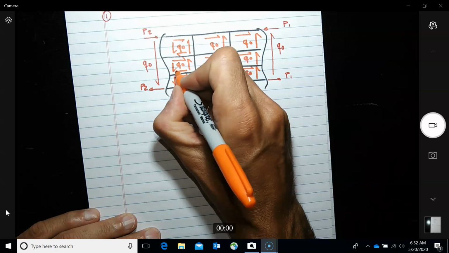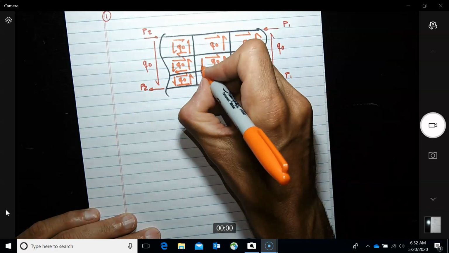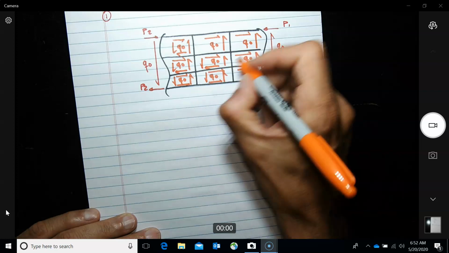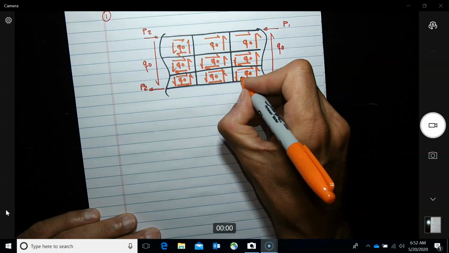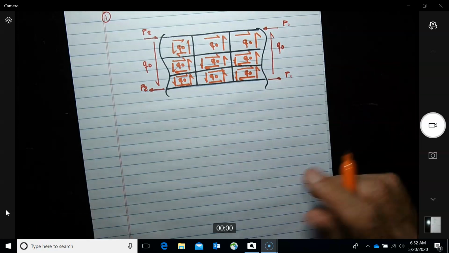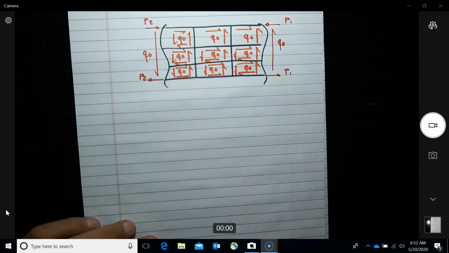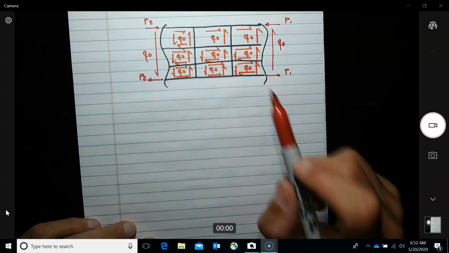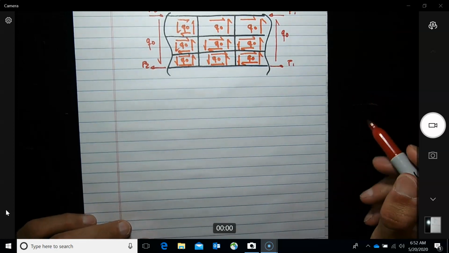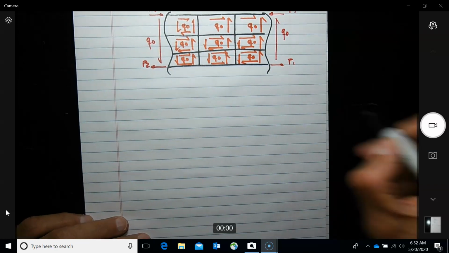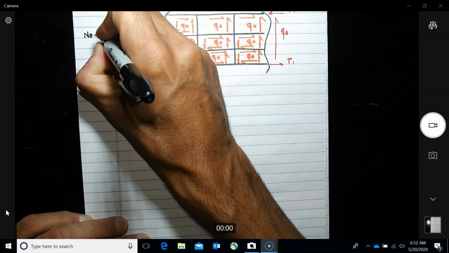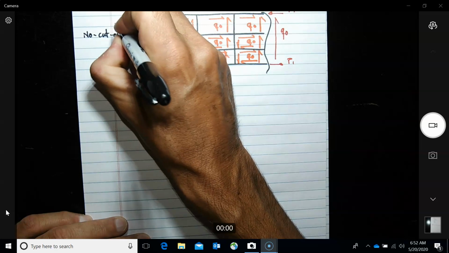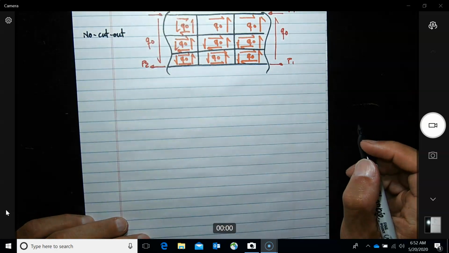Down over there, down over there, down to the left, down to the left. Okay, so now what happens if we remove this panel? So this will be for no cutout.